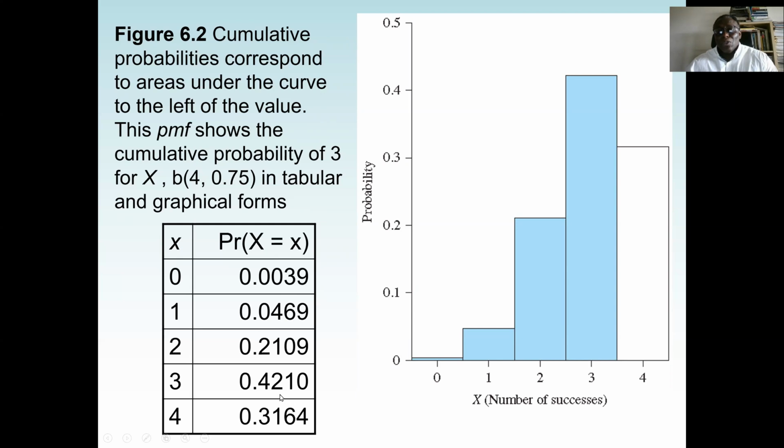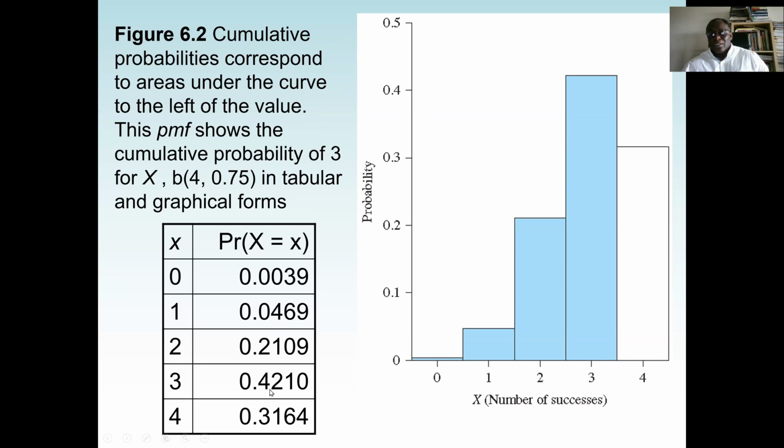Now, if they ask what is the probability that the number of patients treated successfully will be less than or equal to 2, less than or equal to 2 means from 0 to 2, so I'm going to add all these 3. Or greater than, let's say greater than 3.